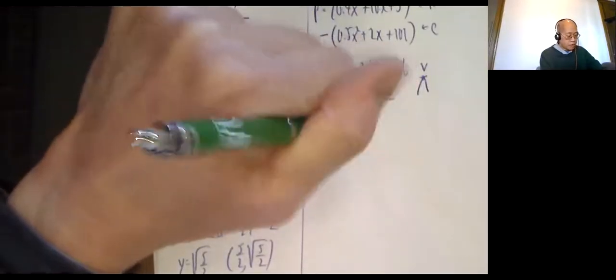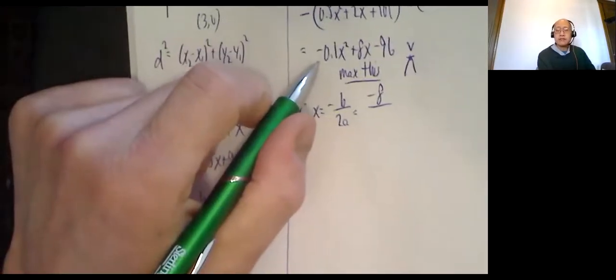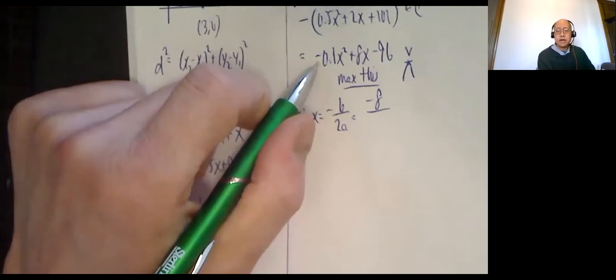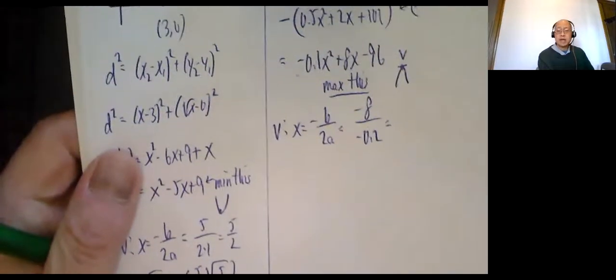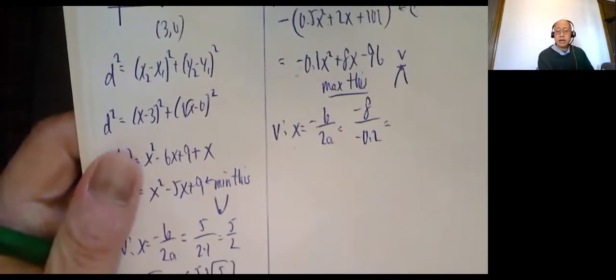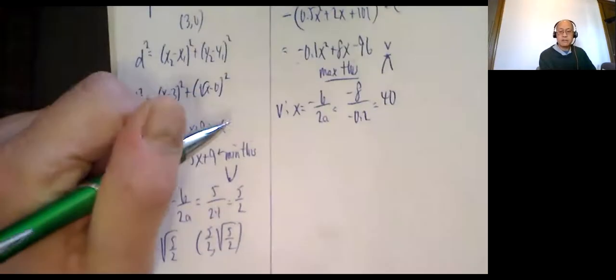Okay, so formula for the vertex, x is negative b over 2a. So negative b is negative 8 over 2 times negative 0.1. 2 times negative 0.1 is negative 0.2. Okay, negative divided by negative is positive. 8 divided by 0.2 is 40.